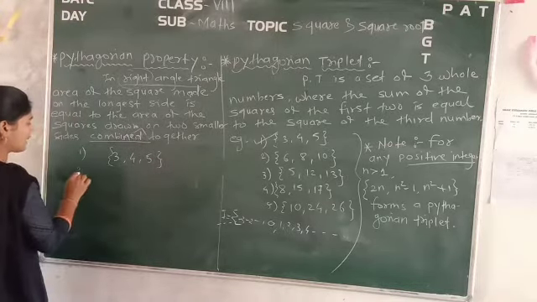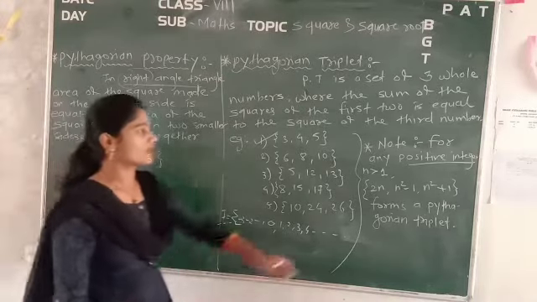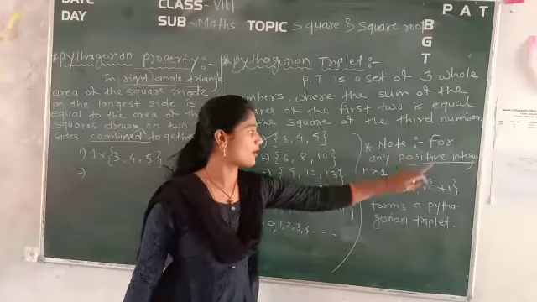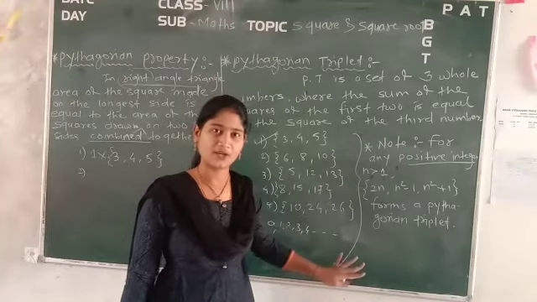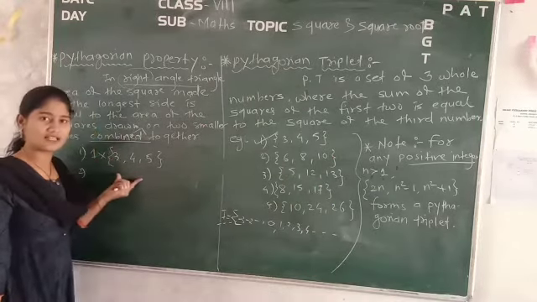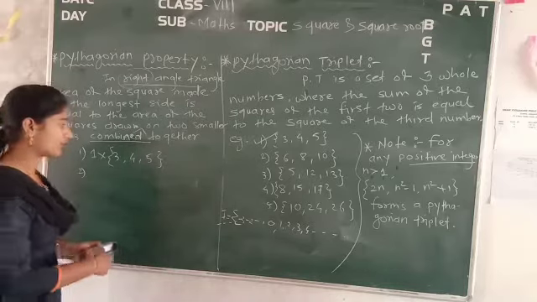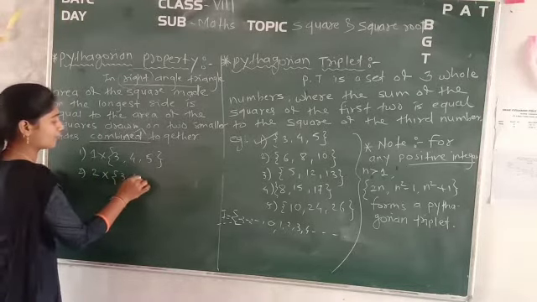Now, if we multiply this by 1, we get the same number. According to that property, any positive integer should be greater than 1. Greater than 1 means we have to take 2 here. So multiply 2 with this same set, 3, 4, 5.